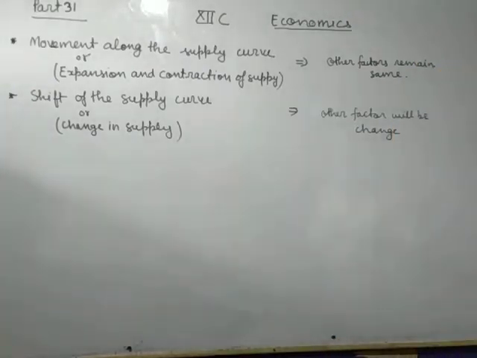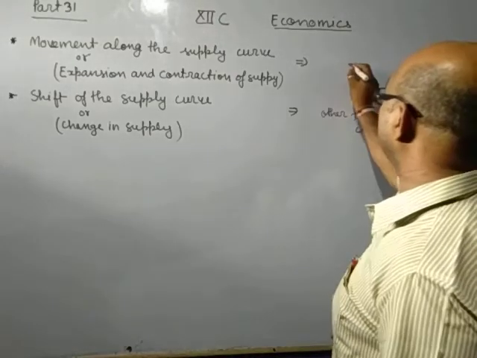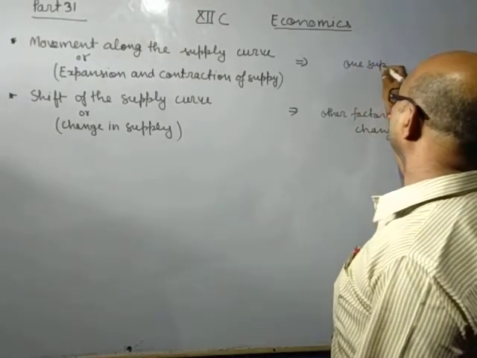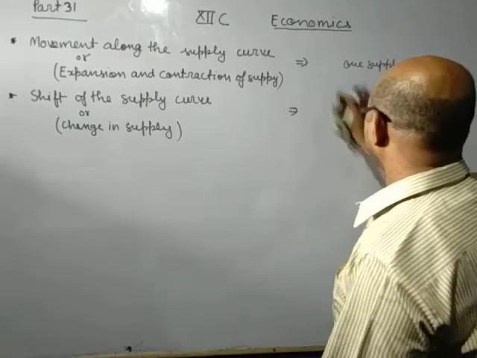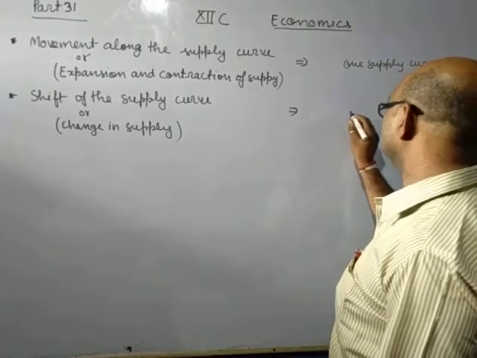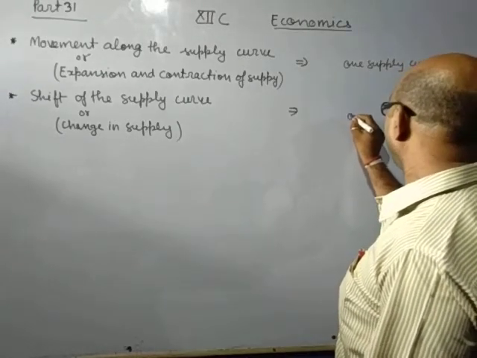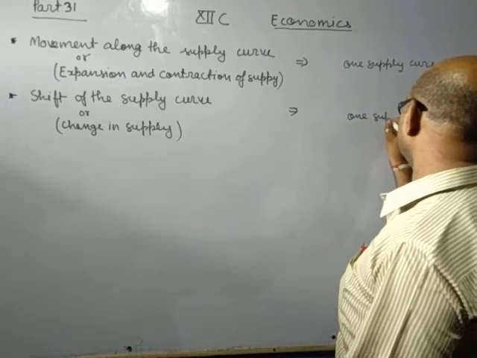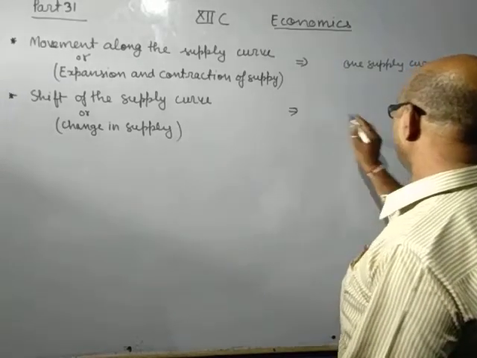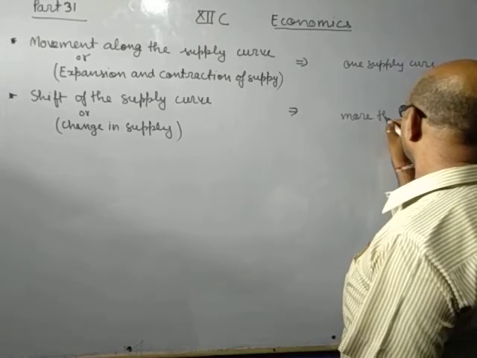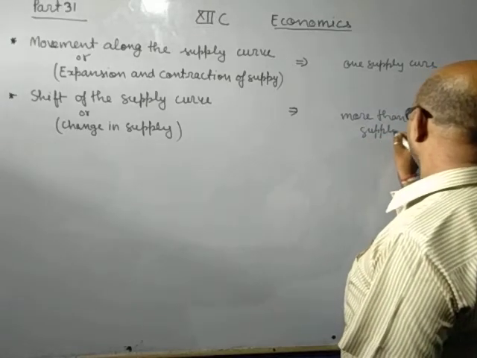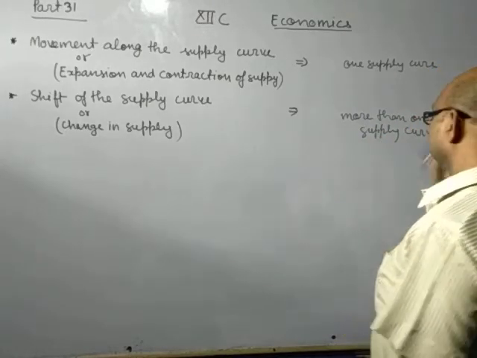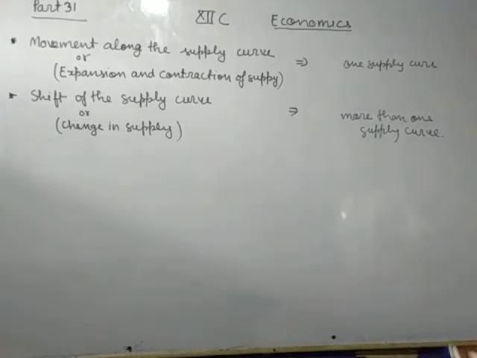Third, here there will be only one supply curve, and here there will be a new supply curve. One supply curve versus more than one supply curve. Okay, now we will see the diagram.